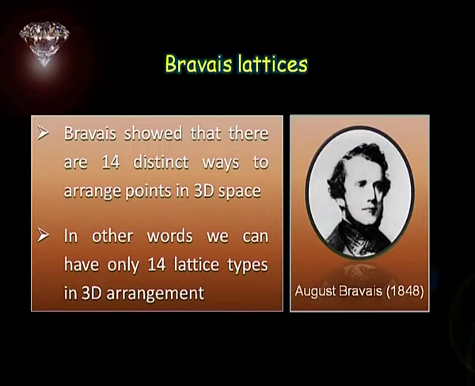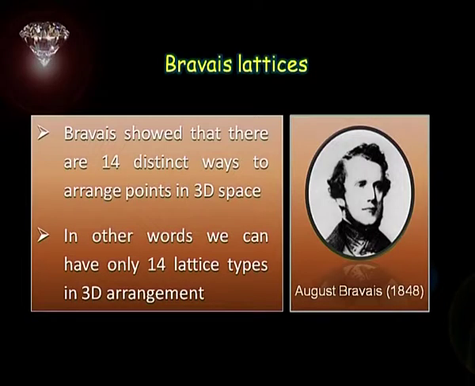If you remember, we made a mention earlier that all the crystalline solids which we know of will belong to one of the 7 crystal systems. We emphasized that 7 is a very important number in terms of crystal systems. Now, from the Bravais point of view, there are 14 such lattice types which are possible, wherein we can think of arranging lattice points in 3-dimensional arrangement.